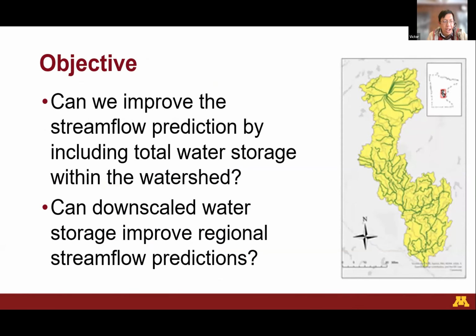To determine how the water storage can improve the prediction of the discharge, I would like to answer two questions. First, can we improve the stream flow prediction by including the total water storage within the boundary of the watershed? Second, can the downscaled water storage improve the stream flow at a more regional level?